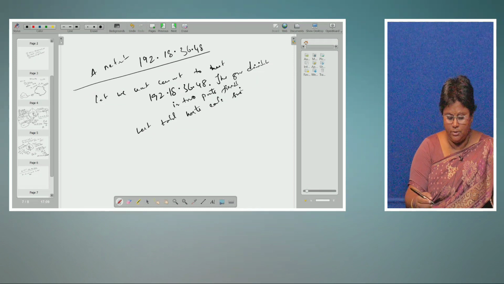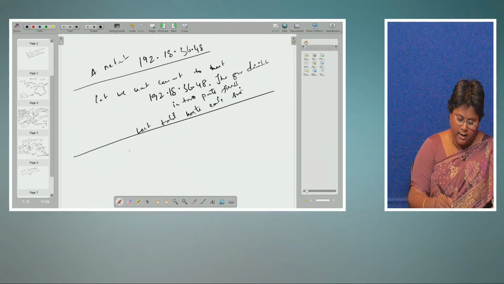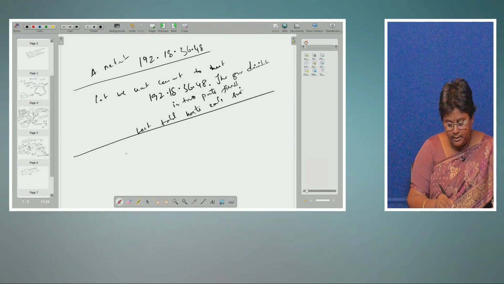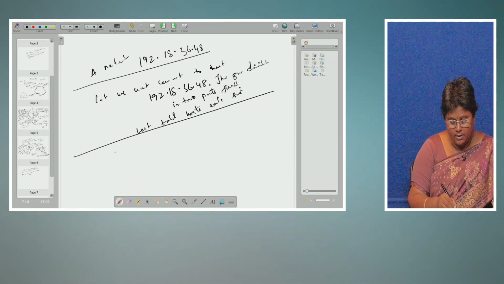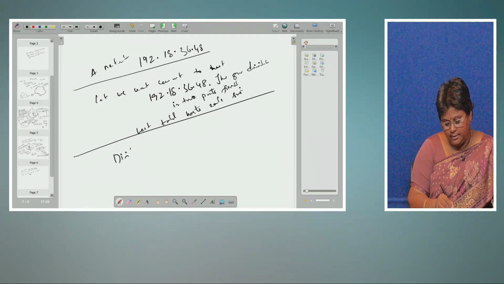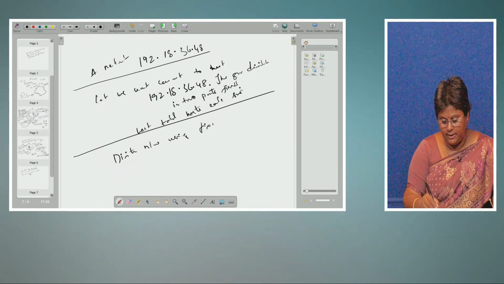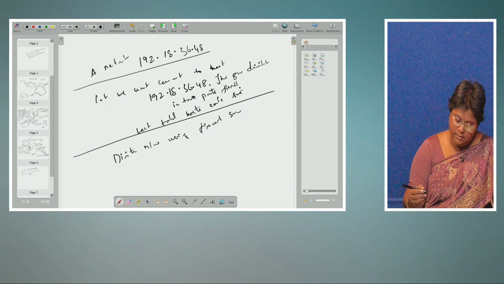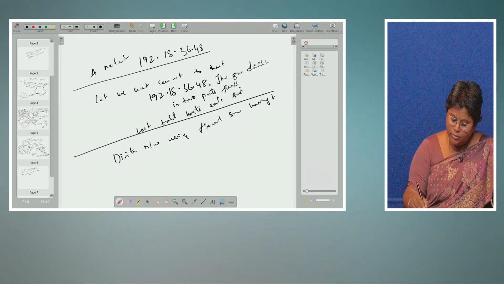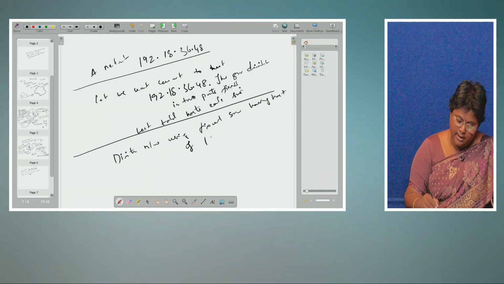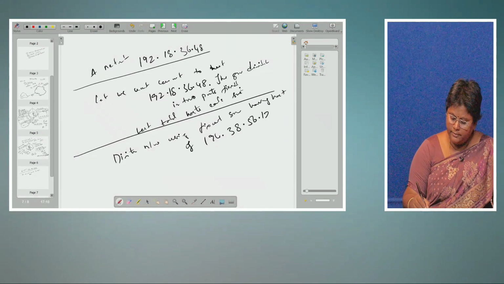This is one such question, or otherwise they will ask: divide the network using fixed length subnetting, having a host ID of 194.38.56.126.